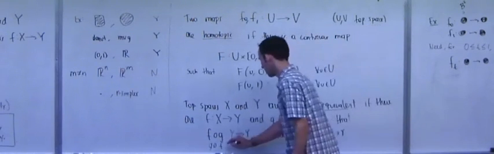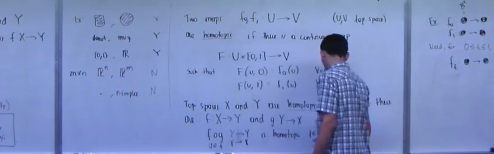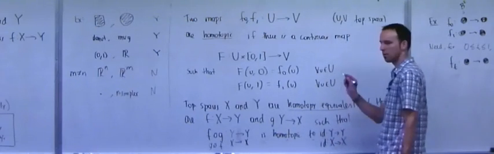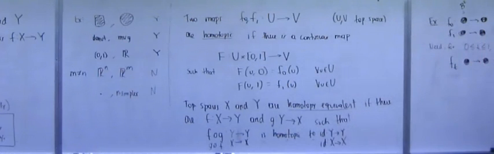And this guy goes from x to x, and this guy should be homotopic to the identity map in x. Okay. So that's some condition called homotopy equivalence.